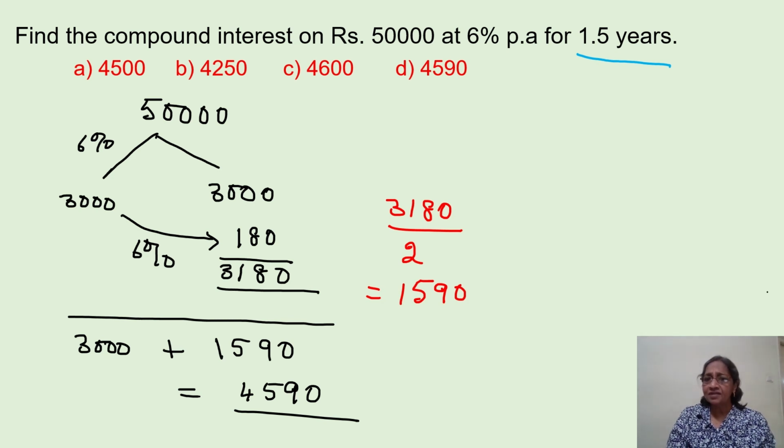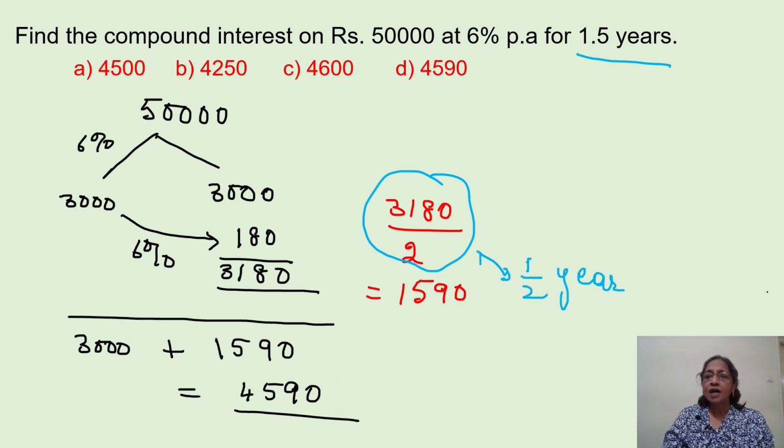Now in both the sums, that is the previous one and this one, we have got half a year, and that is why we divide here by 2. That is for the interest for half year. Okay, so your correct option in this case is the D option.